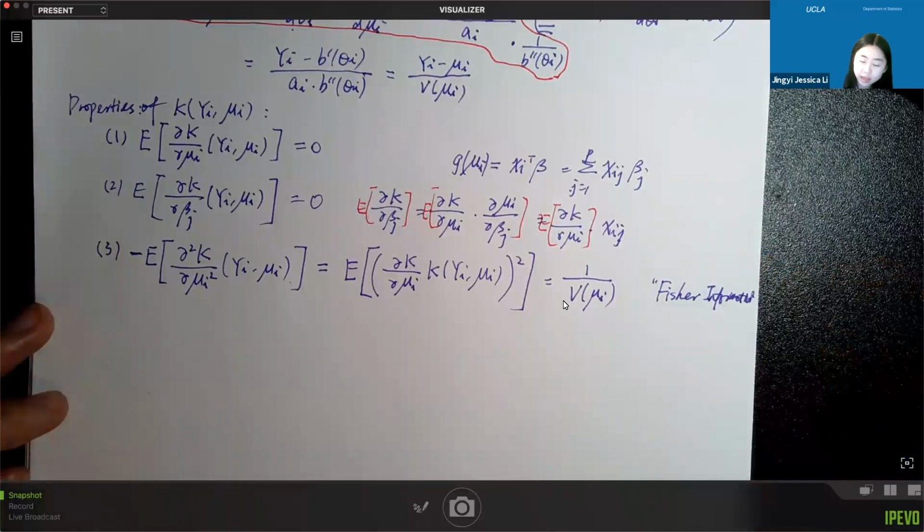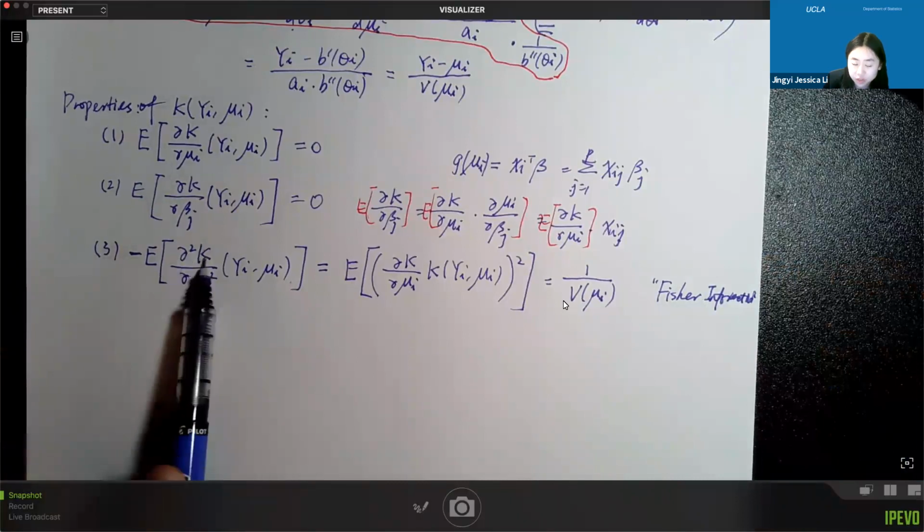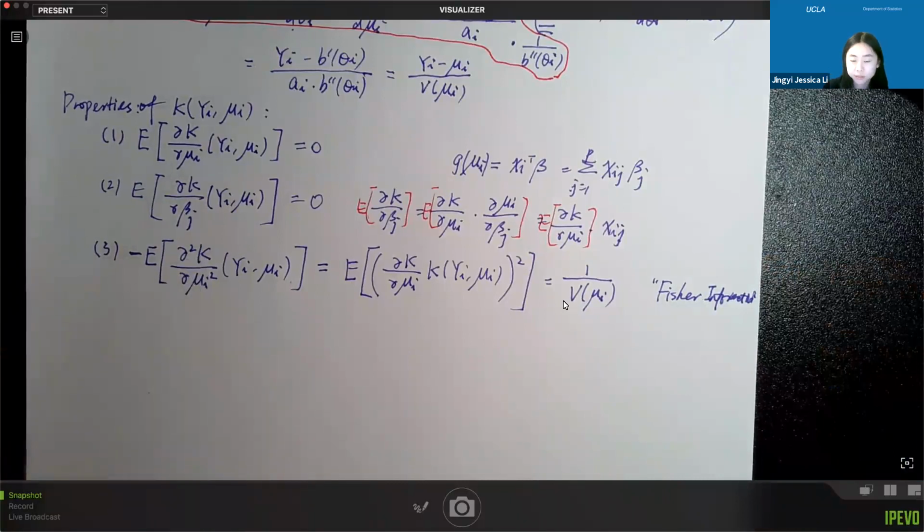And the fourth thing is, what if our differentiation is not taken for mu_i, but for beta? If we take the twice differentiation against beta, that will give us a P by P matrix, right? And that is called a Hessian matrix.